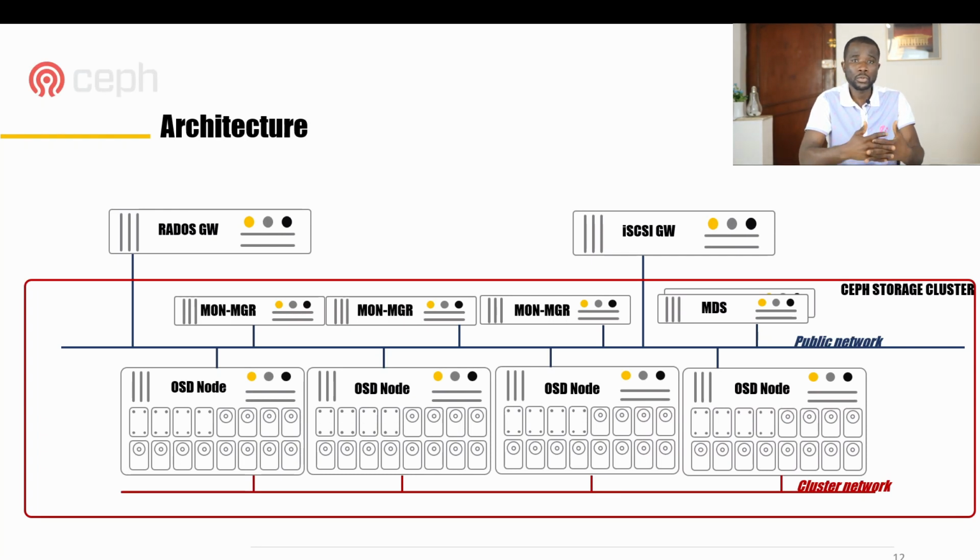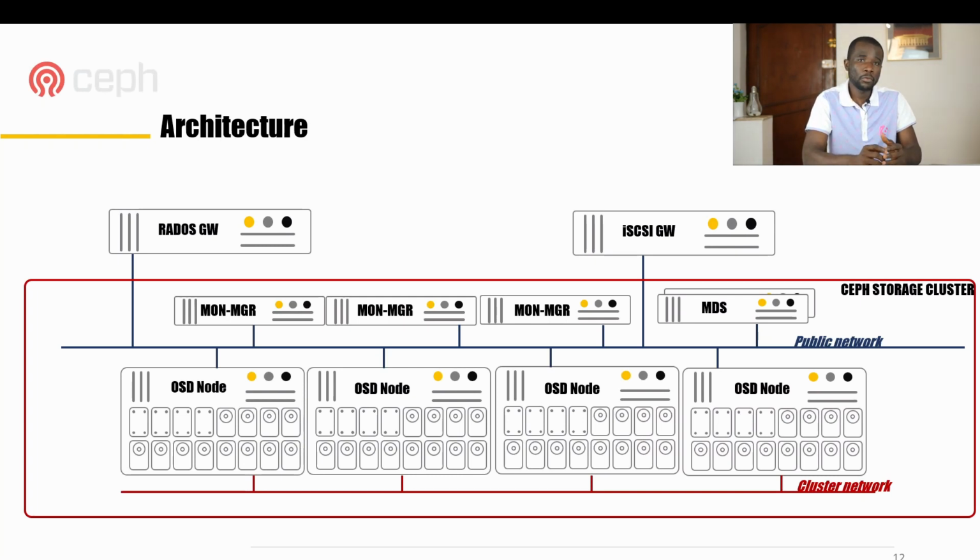For example, if you want to have an Amazon S3 or Swift backend for the object storage, you should have a Rados gateway that you can plug to your cluster through the public network. You can also have an iSCSI gateway if you want to use the iSCSI protocol on the network for your clients.